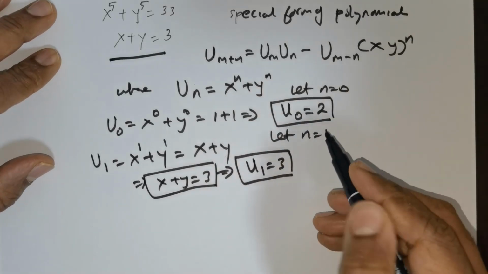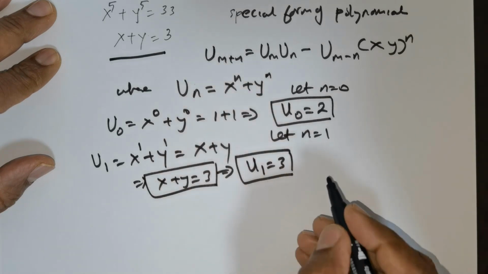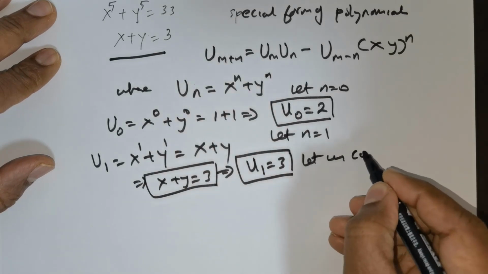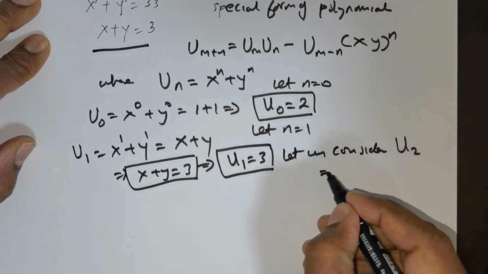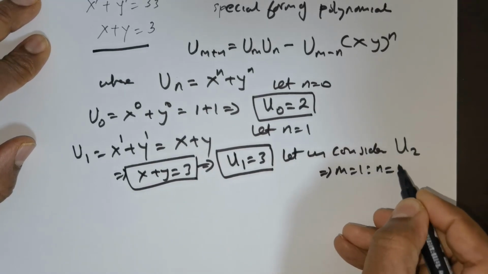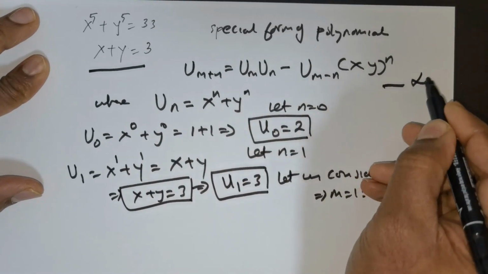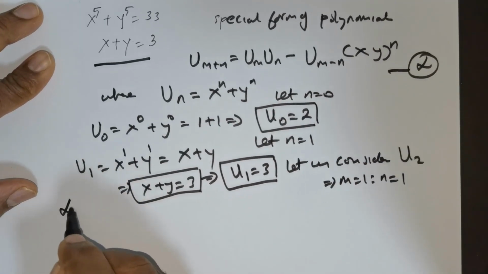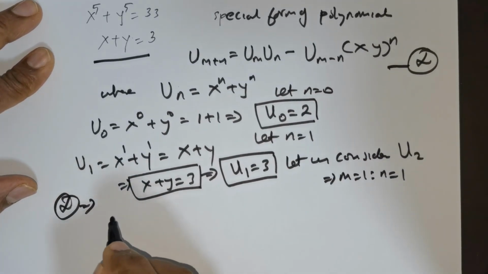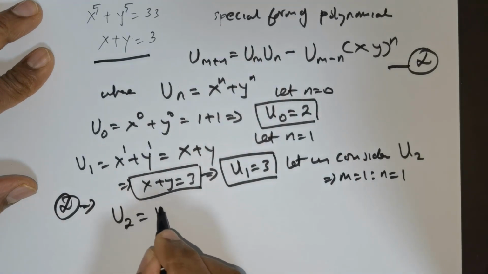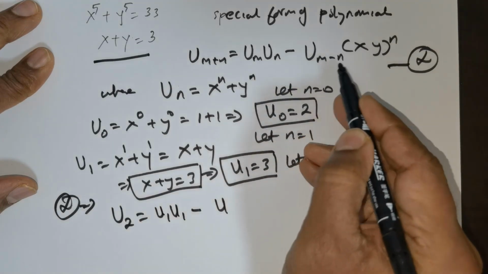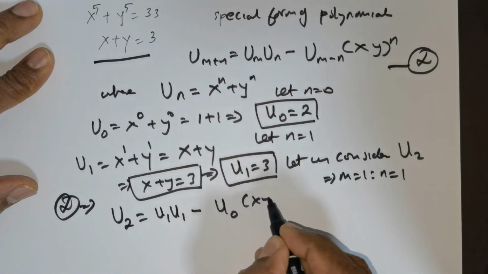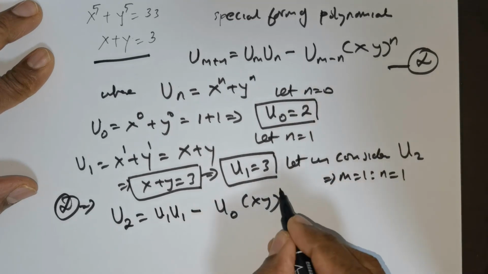Now let me take u_2. Let us consider u_2. In that case, m is equal to 1 and n is equal to 1. So using the formula, I can rewrite it as u_{1+1} = u_1 u_1 - u_{1-1} xy, with n equal to 1.